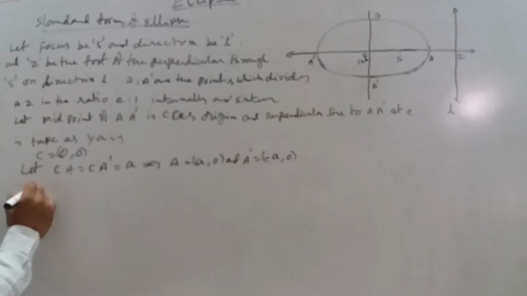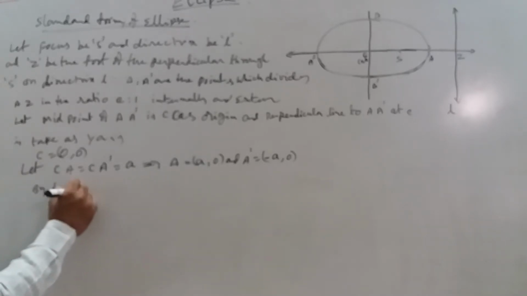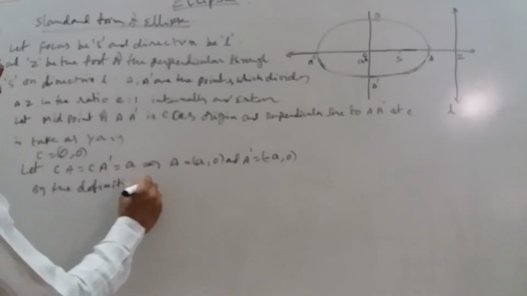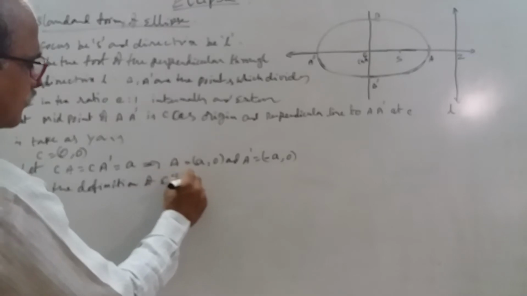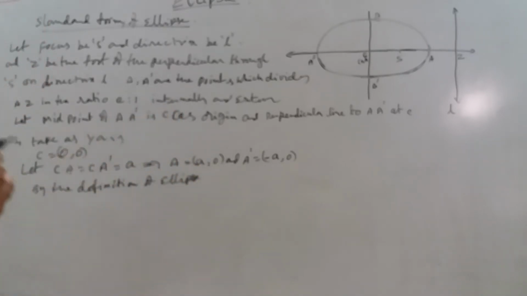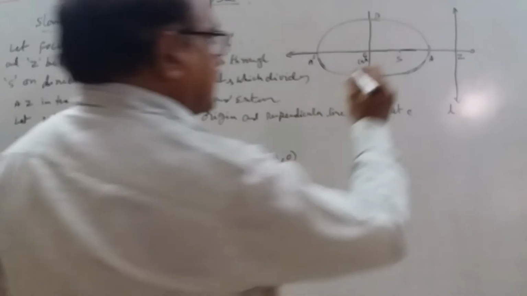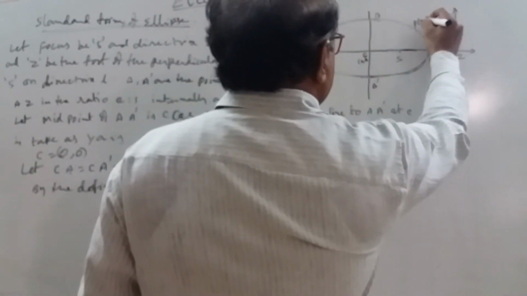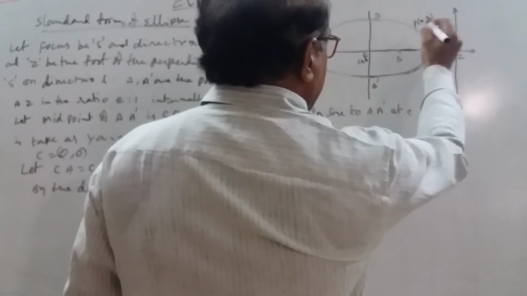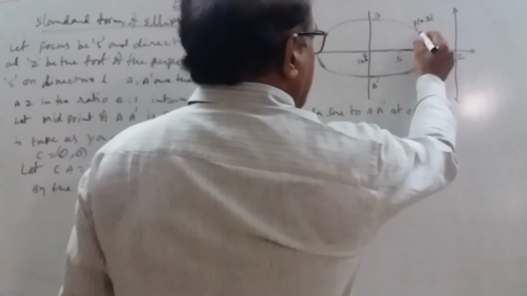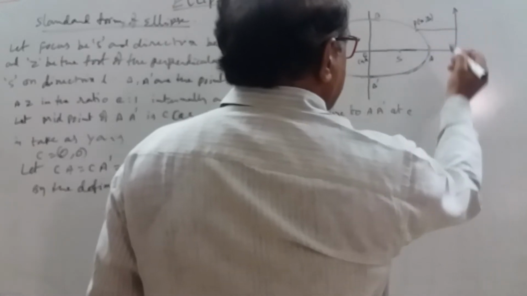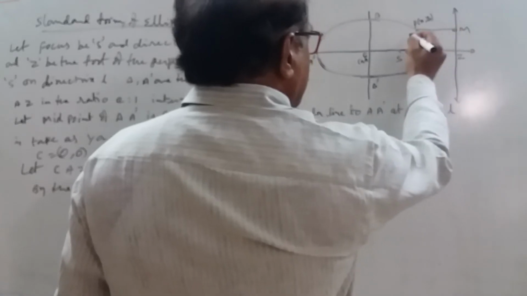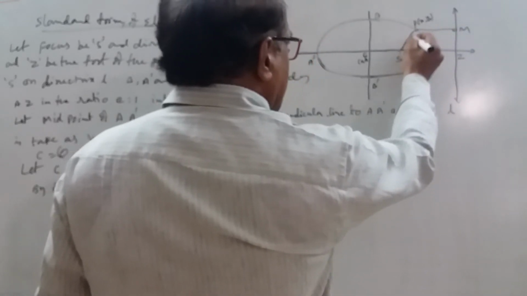But by the definition of ellipse, if P(x, y) is any point on the ellipse, then the perpendicular distance from the directrix, this is the foot of the perpendicular, this is the distance between S and A.